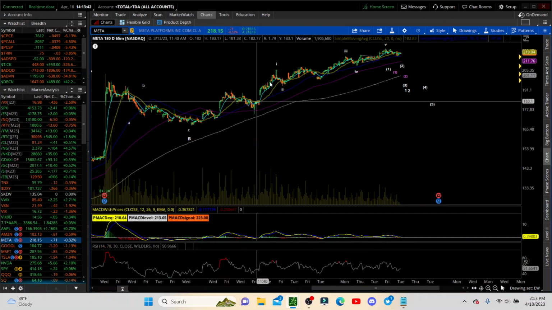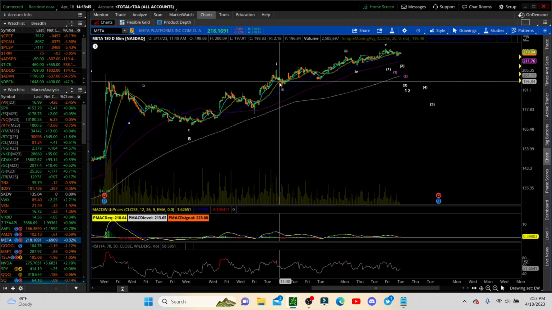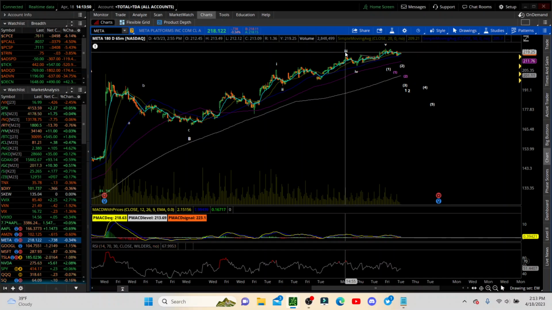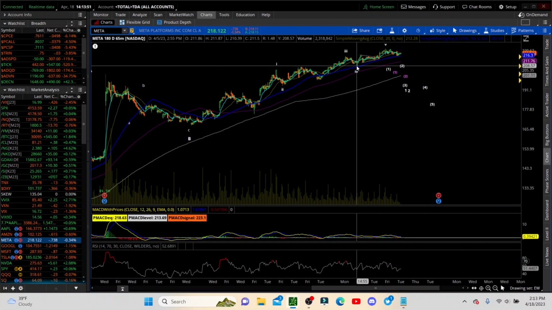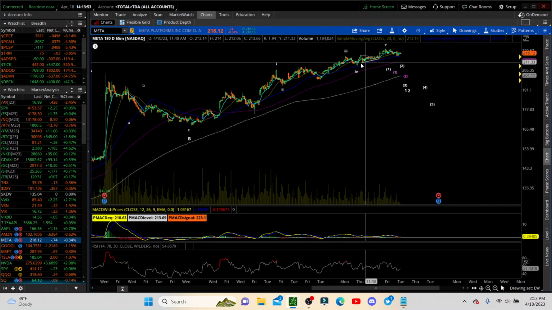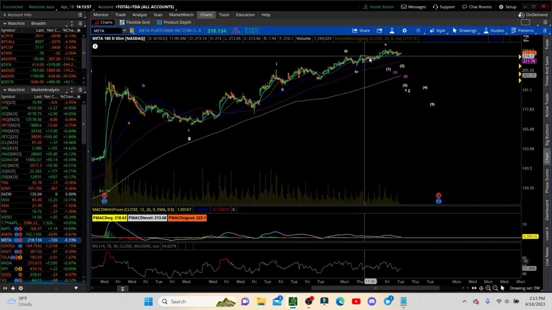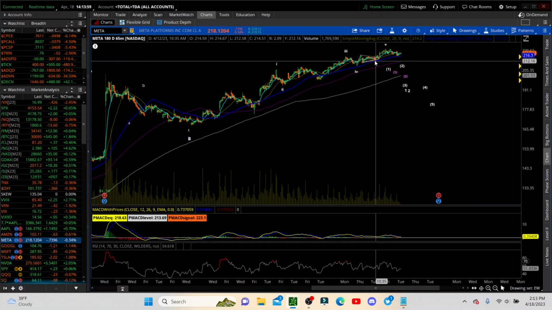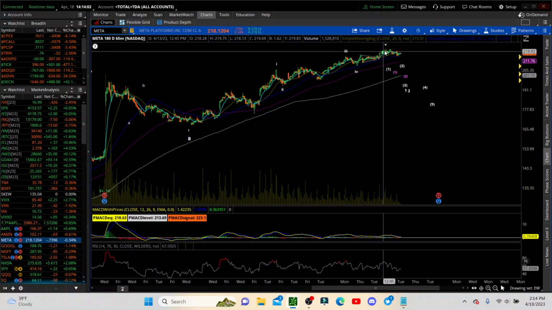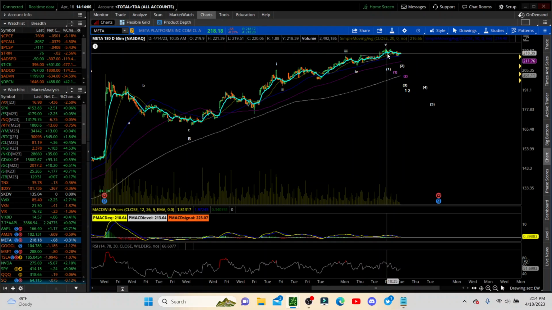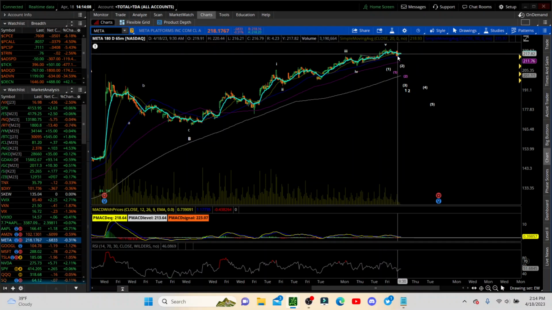And I think this is a 3-wave move up for a 1, 2, 3-wave up for a 3. And then just like the NASDAQ, we have a triangle in there. After the wave 4, we have an A and then a B triangle, and then you can see the 1, 2, 3, 4, 5 wave move up to complete the 5. And now this is possibly a leading diagonal to the downside. We have 5 waves down here now.